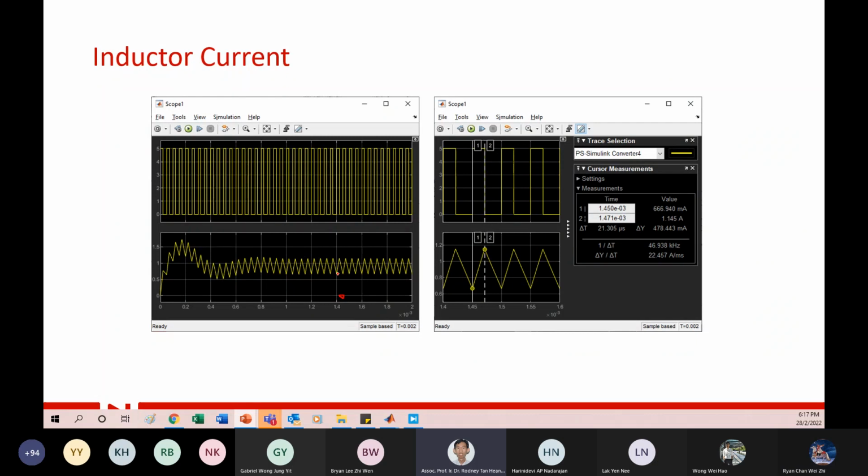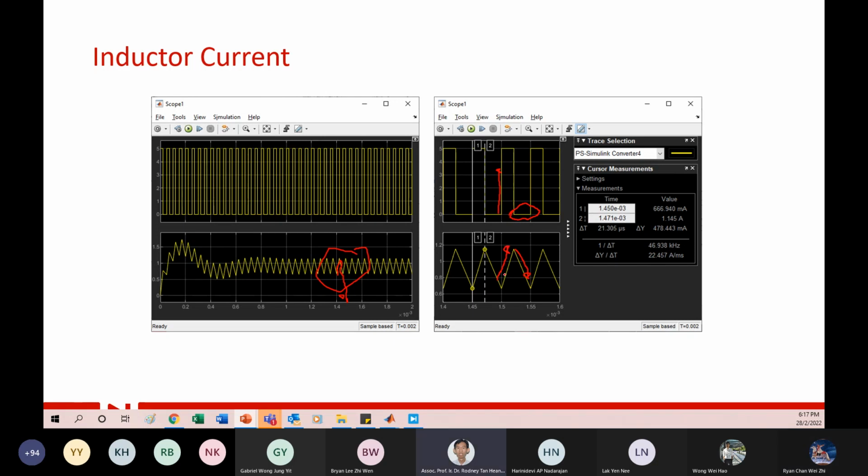The inductor charge and discharge will not go until 0. So this is a good design. You ensure that your load will still have continuous current. The time when the transistor turns off is the discharge time, and the time when the transistor turns on is the charging time.